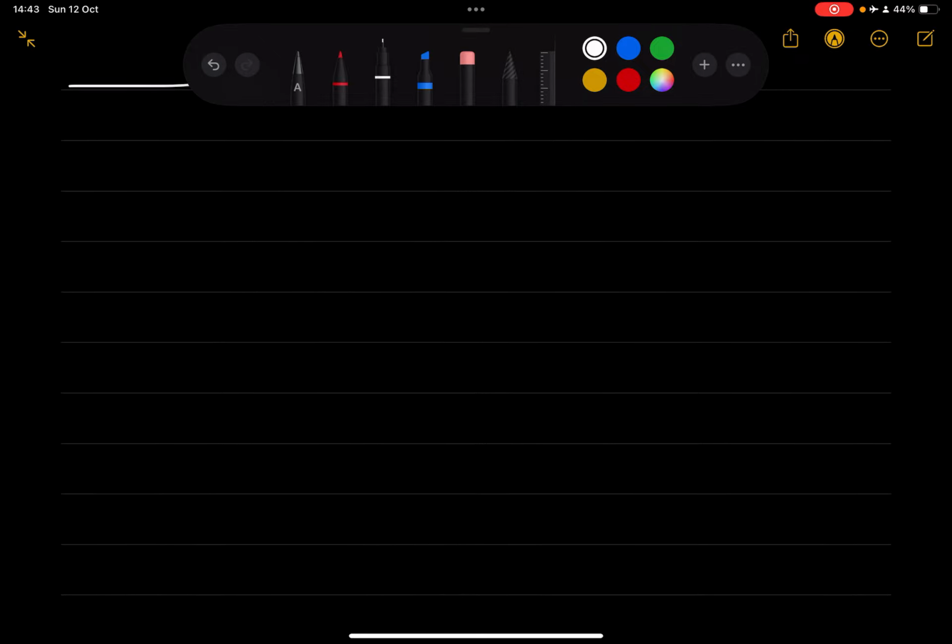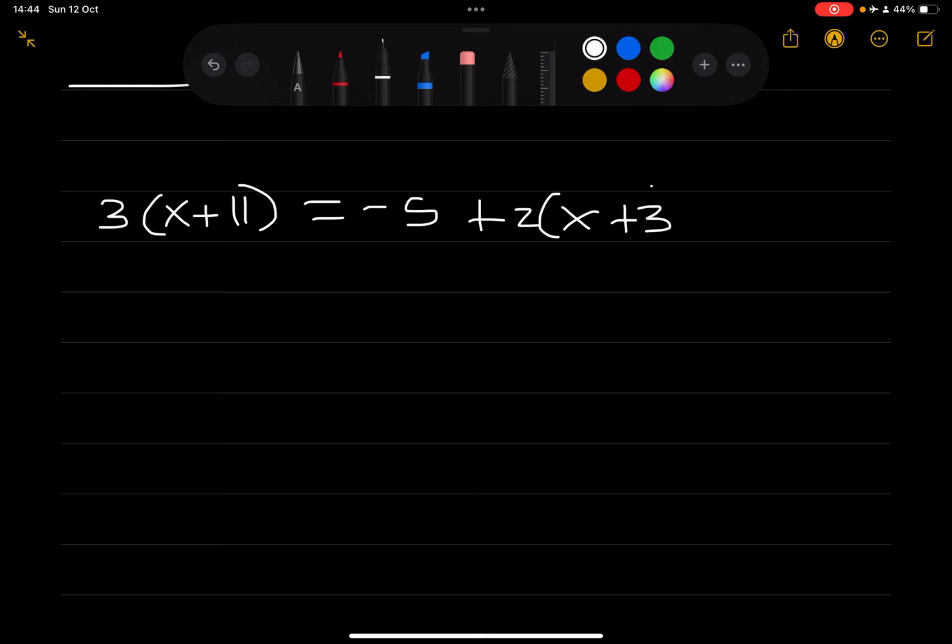Here we have 3 in bracket x plus 11 equals minus 5 plus 2 in bracket x plus 3 squared. So we need to expand everything.